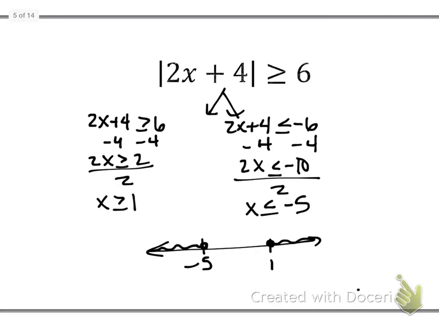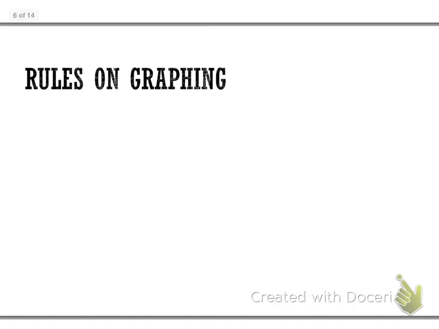And I will give you a general rule right here on how to know if it's going to be shading inward or outward. So if I have the absolute value with an equal sign, it's just going to be points. Okay, so that's what we were doing last time. They were just points, general points that we were graphing.